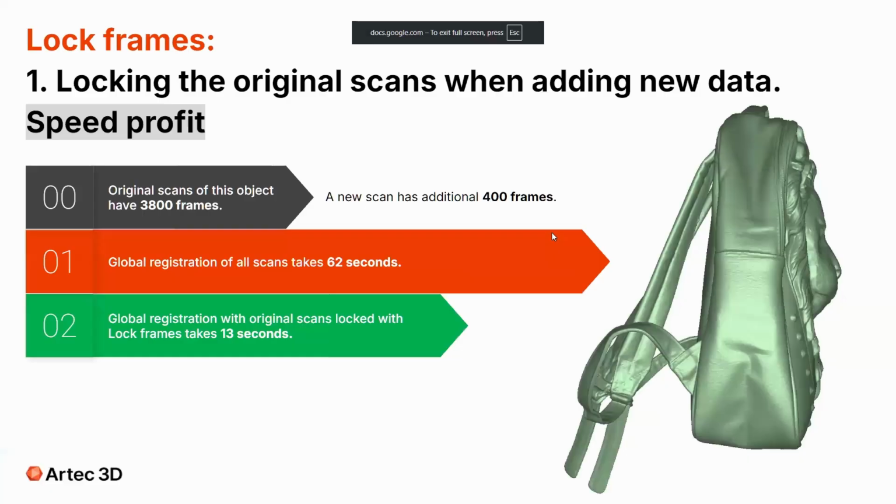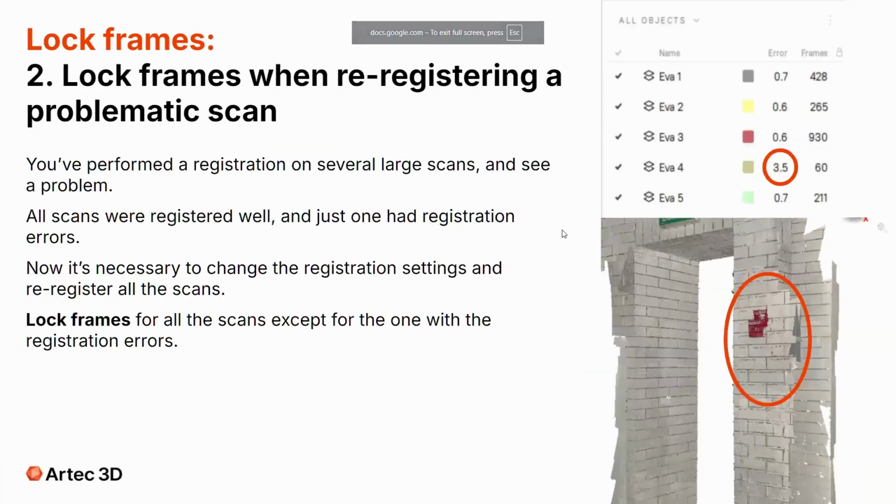Okay. Now we go into our second use case that involves those trouble scans we've all encountered, surfaces that are geometrically repetitive or feature poor, like a long brick wall or a flat doorway. Sometimes when you run global registration on a large project, these specific areas can drift or lose their alignment because the algorithm is trying to find a mathematical fit across the entire scene.